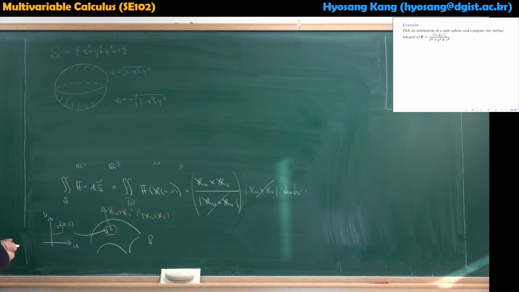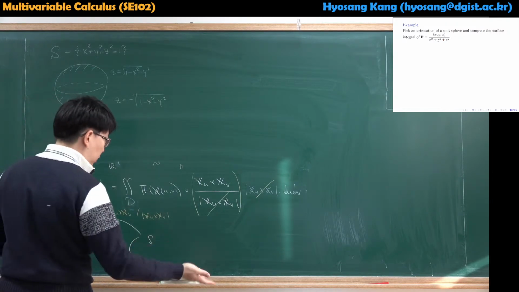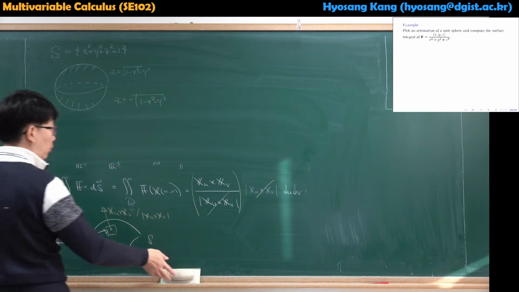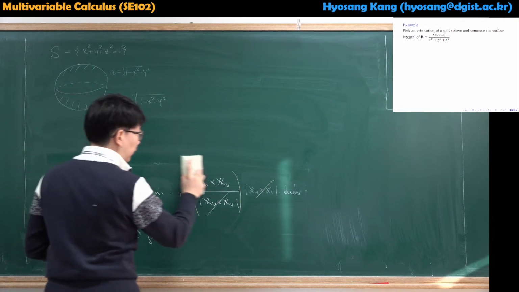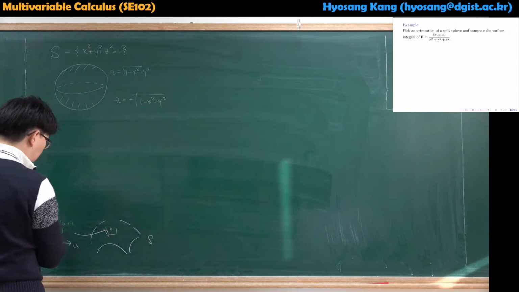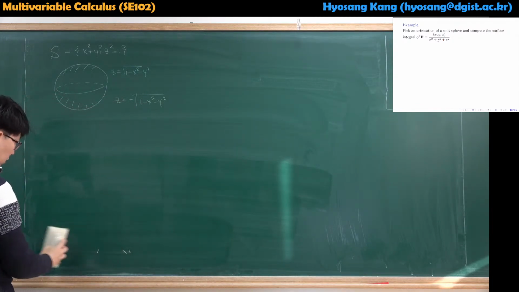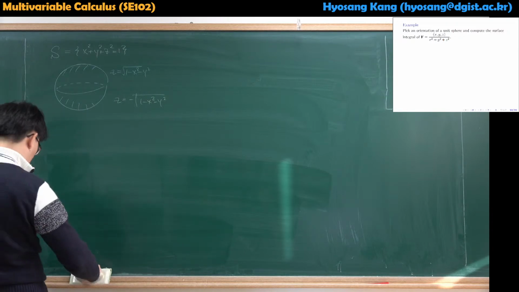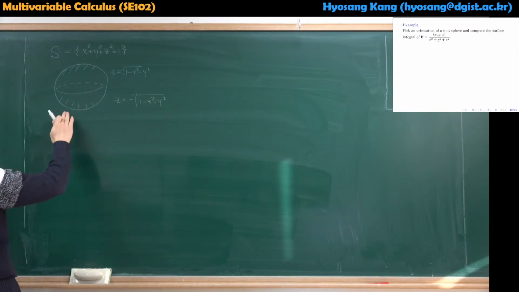Well, that's okay, but if you're using this parameterization, it's hard to compute your vector field. So let's try this, and I'm just showing you that this is not the correct way of finding the flux by hand. If you're using MATLAB, that's okay, because MATLAB can calculate it for you, but it's very hard by hand.